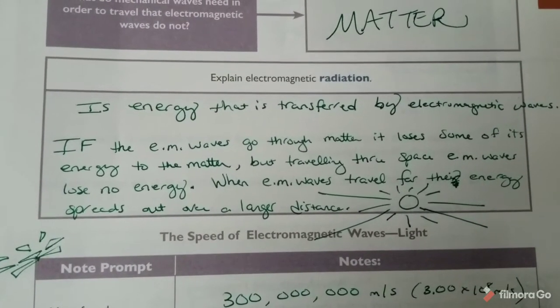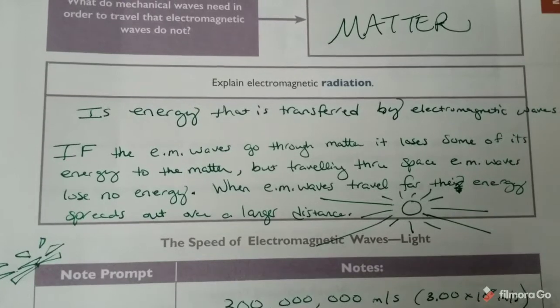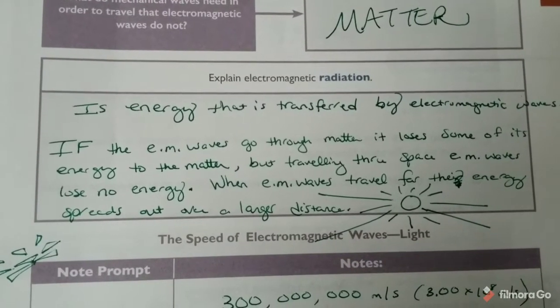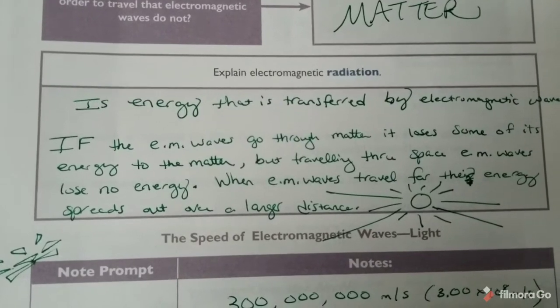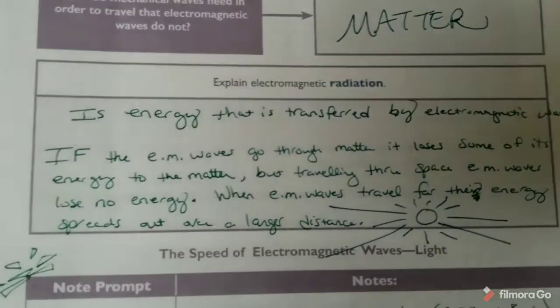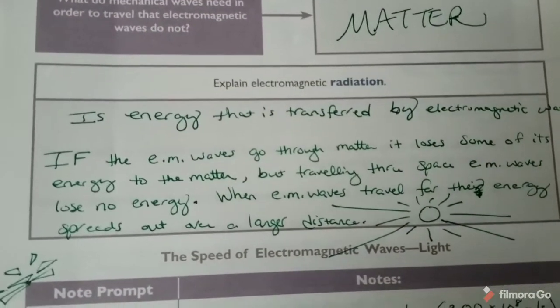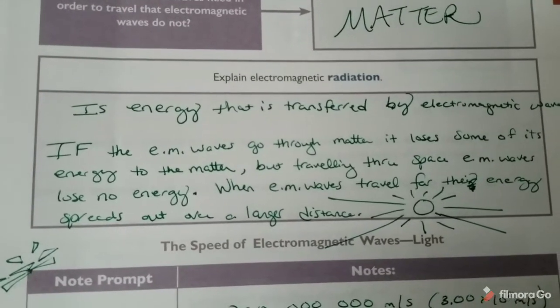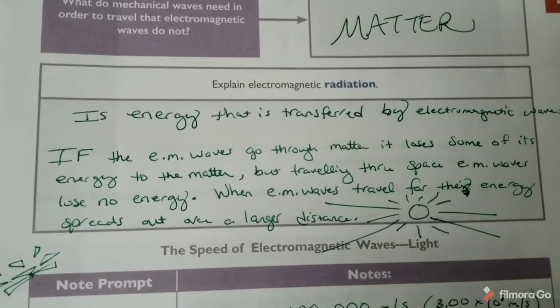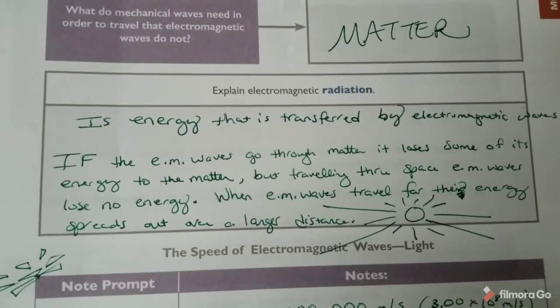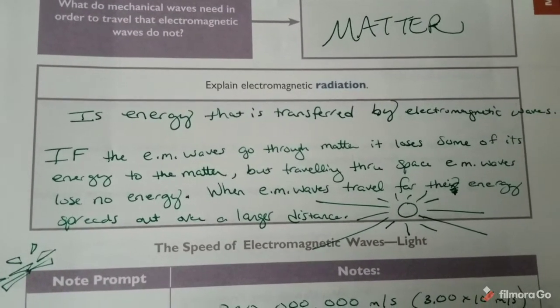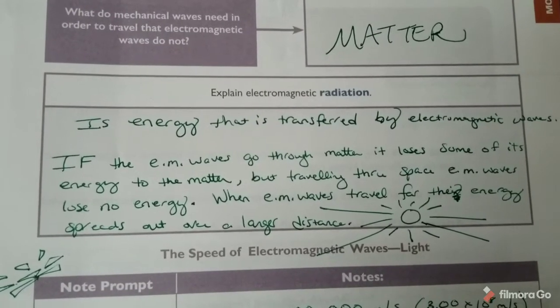When electromagnetic waves travel far, their energy spreads out over a large distance. Think about the thermal energy coming from sunlight and rays of sunlight, and how when they go through, say, the windows of our house, well, they can be magnified if it's a magnifying type of matter.